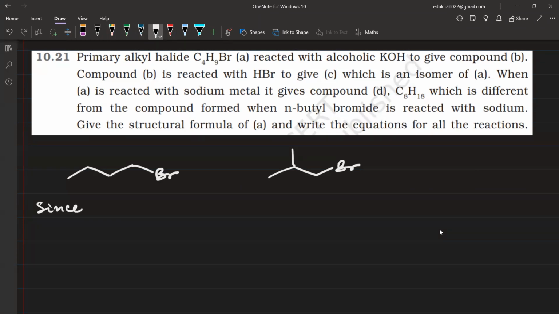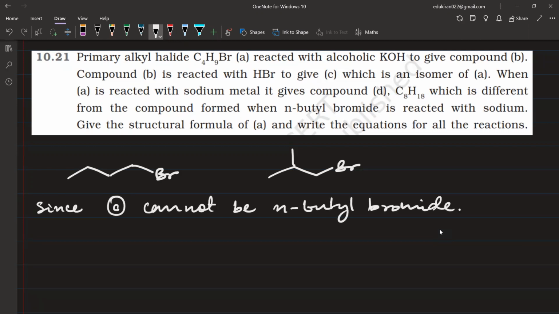Since A cannot be N-butyl bromide, this will have two names, okay. This is known as isobutyl bromide. It's the common name, and the IUPAC name will be: 1 to 3 carbon atoms, and you have Br and methyl.